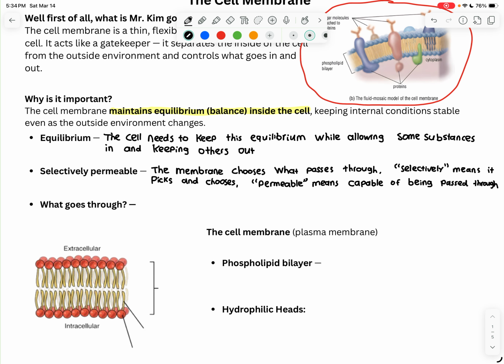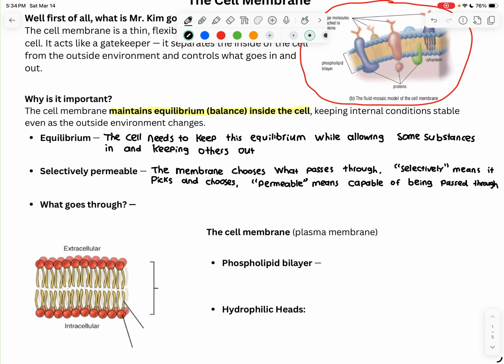Okay, so you are probably asking, if they're selectively permeable and they want to maintain balance by having equilibrium, what goes in and out? What does Mr. Kim mean when he's saying bad things out and good things in? Not just bad and good, there's also other things.